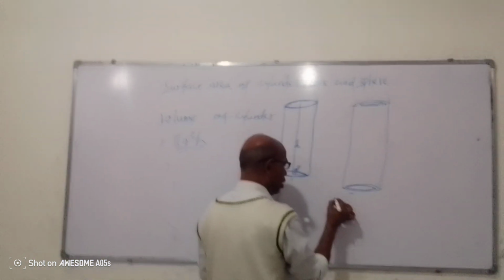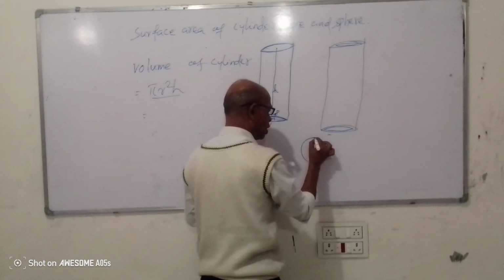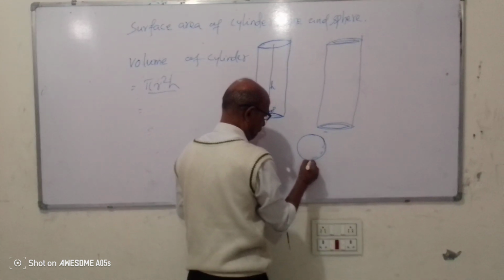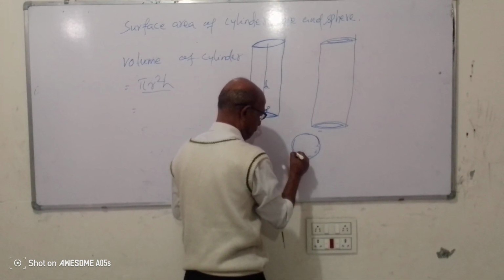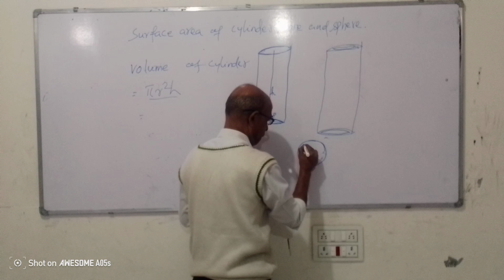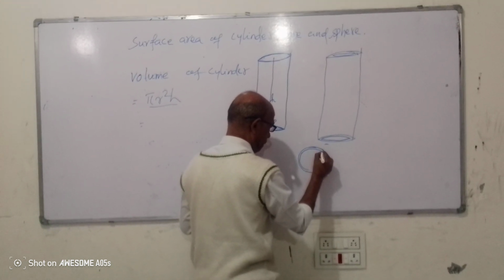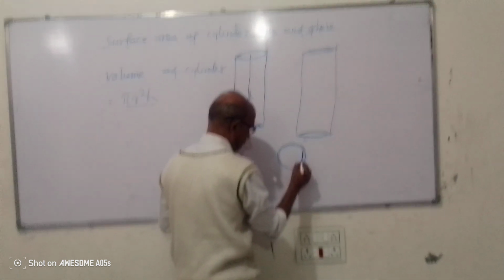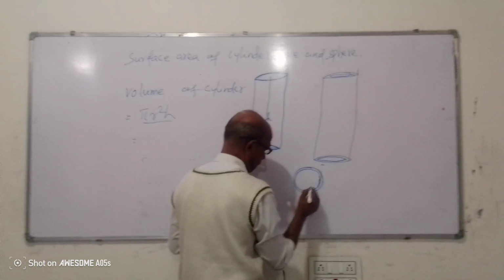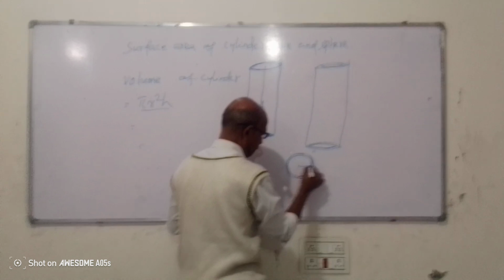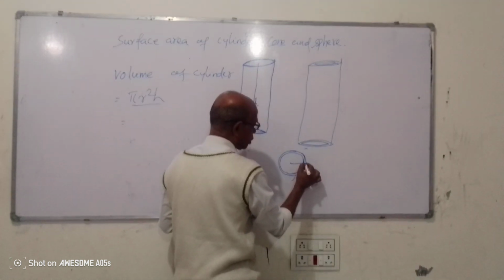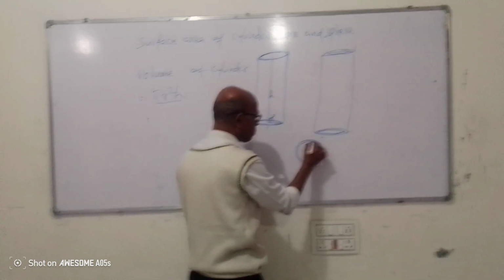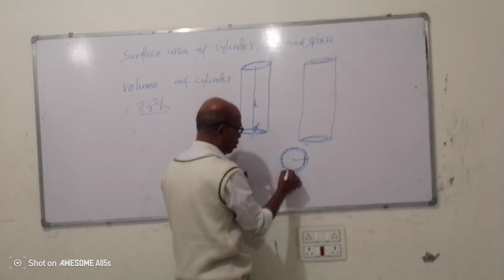When you look at the base, you will see it like this. So this is the outer radius. If you see the base, it will look like this. This represents the thickness. Okay.